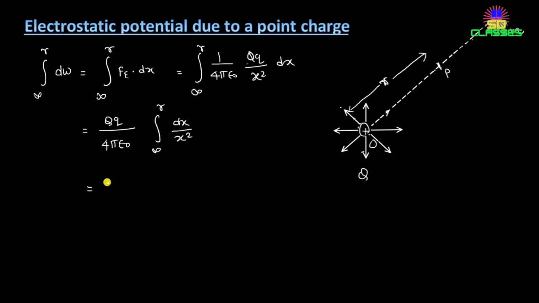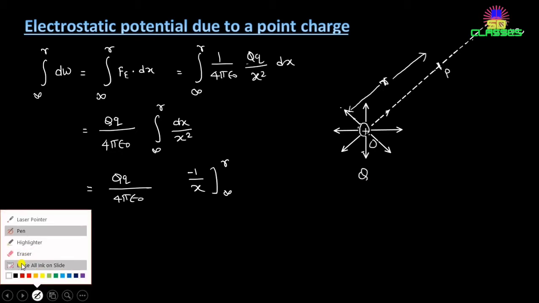So by applying the integration rule, we can find that this will be equal to 1 by 4 pi epsilon, so this will be minus 1 by x integrated from infinity to r. So this is the integration according to the integration rule. So which rule have I used? Just let me show you.